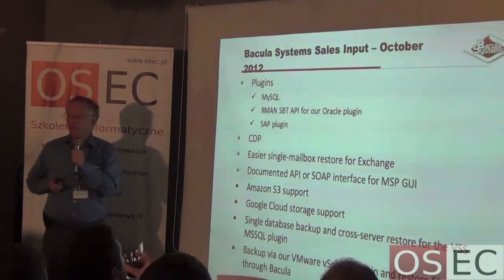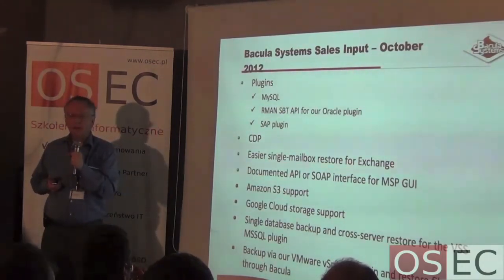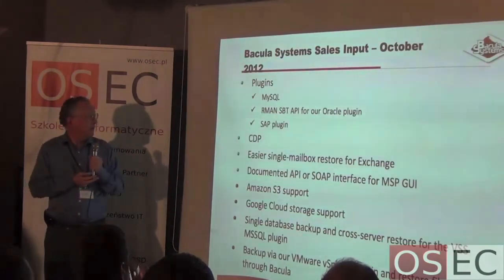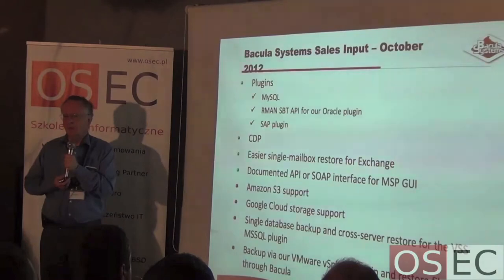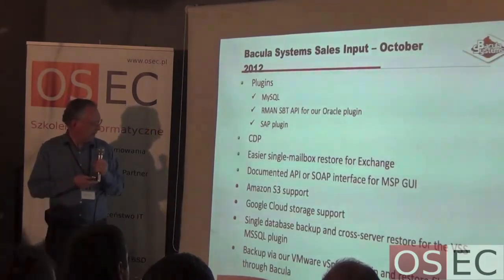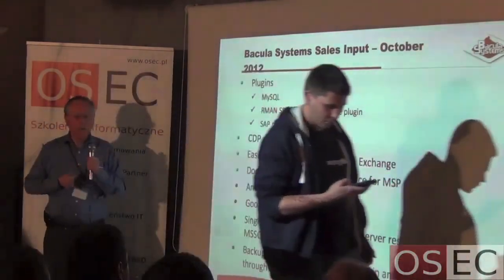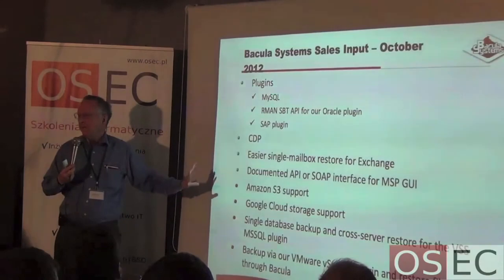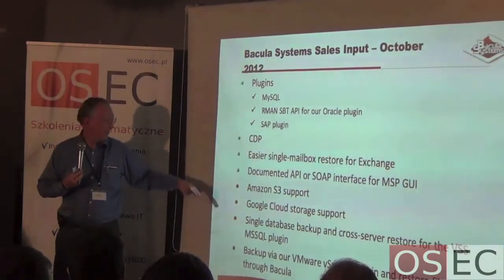Here's a list of things that I got from our salesmen, of features that their customers would like, and that will help them sell more. On the list, all the ones with the little green dots out in front are ones that are on our roadmap for 2013.